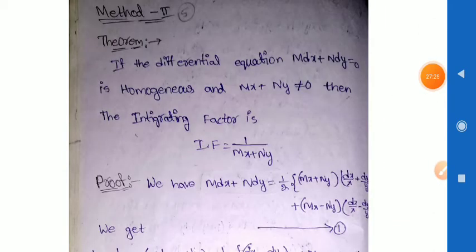Here we have another method. In method 1, we discussed inspecting the differential equation, so it can be converted into an integrating factor form. By taking integration on both sides, the differential is cancelled.